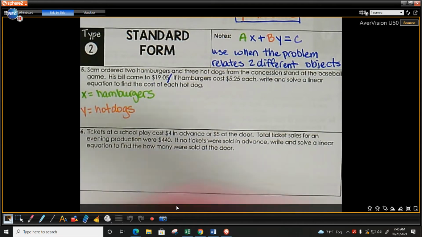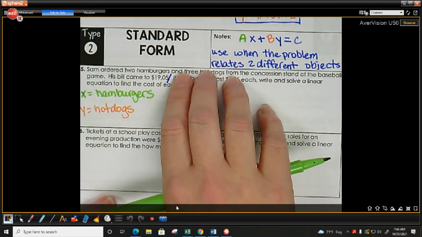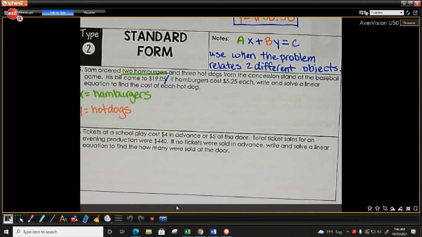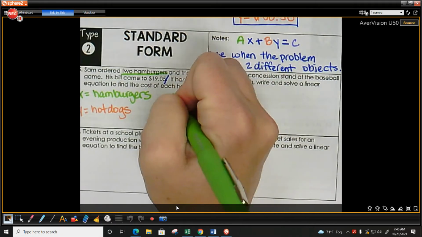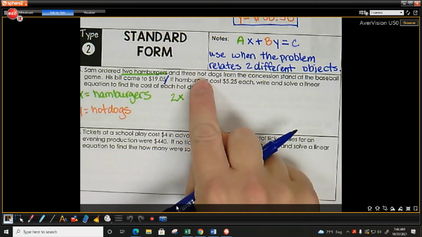Do I know the cost of one hamburger? Well, don't read that yet. From the first sentence. Do I know the cost of one hamburger? Do I know the cost of one hot dog? No, but do I know how many he bought? Yes, how many hamburgers did he buy? 2 hamburgers. So how am I going to write that? 2X. Does he buy more than just hamburgers? Yeah, he also buys hot dogs.